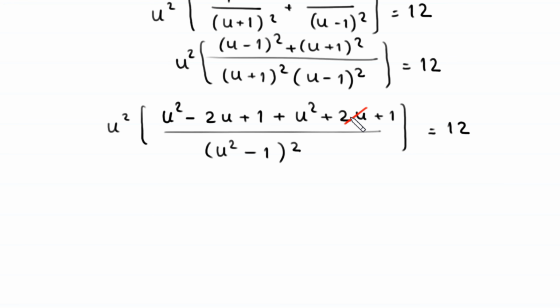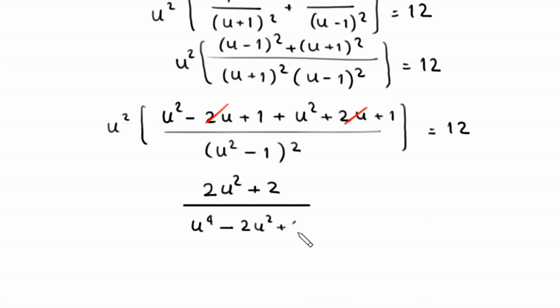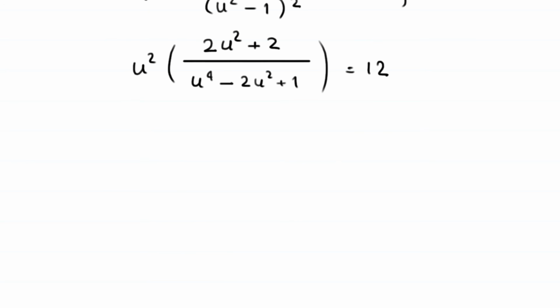Now this 2u will be cancelled with this negative 2u, and u squared plus u squared will become 2u squared, and this 1 plus 1 will become plus 2, divided by expand this (u squared minus 1) whole squared, this will become u to the power 4 minus 2u squared plus 1, times this u squared equal to 12. Now from these two terms we can factor out 2.